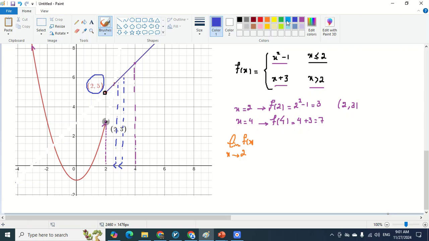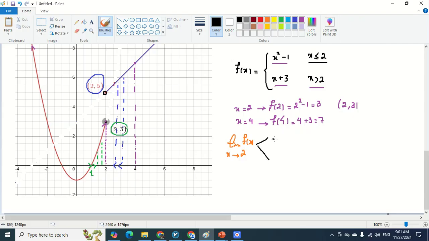But if you tend to the value 2 from the left side, for example, if we have 1, then 1.2, 1.3, then the value of the function should be calculated over this parabola, and at the end of the day you will reach the point (2, 3), or the value of y will be 3. Because of that, we have to split this situation into two parts.